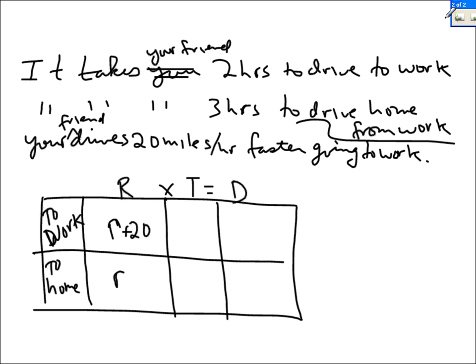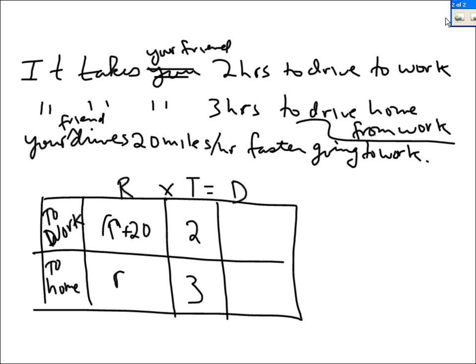If she drives 50 miles an hour coming home, she drives 50 plus 20 going to work. If she drives 25 miles an hour coming home, going to work, she drives 25 plus 20. The time it takes her to get to work is 2 hours, and home from work is 3 hours.